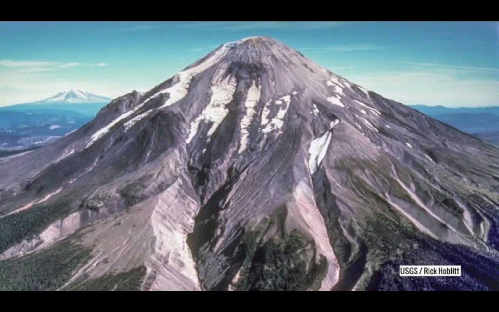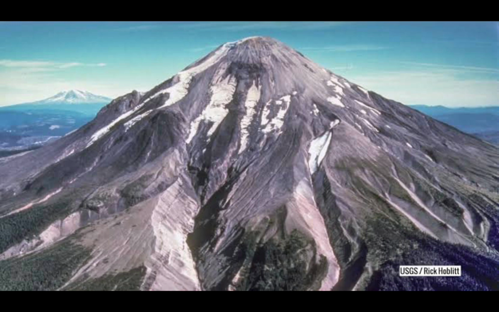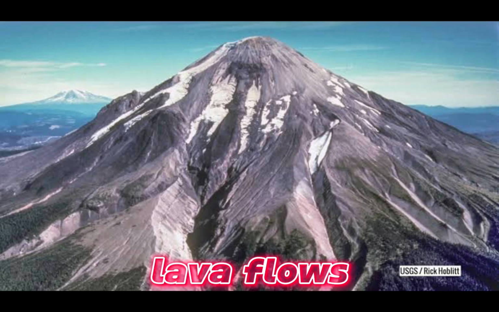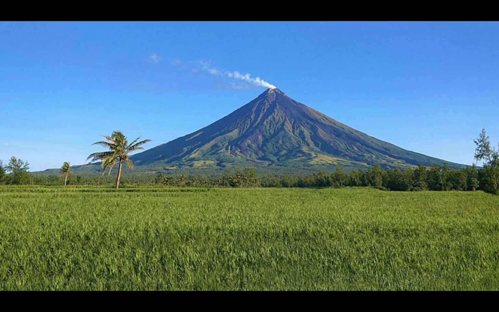The fourth on the list is the stratovolcano, also known as composite volcano. Stratovolcanoes are tall, conical mountains composed of lava flows and tephra in alternate layers, the strata that gives rise to the name.